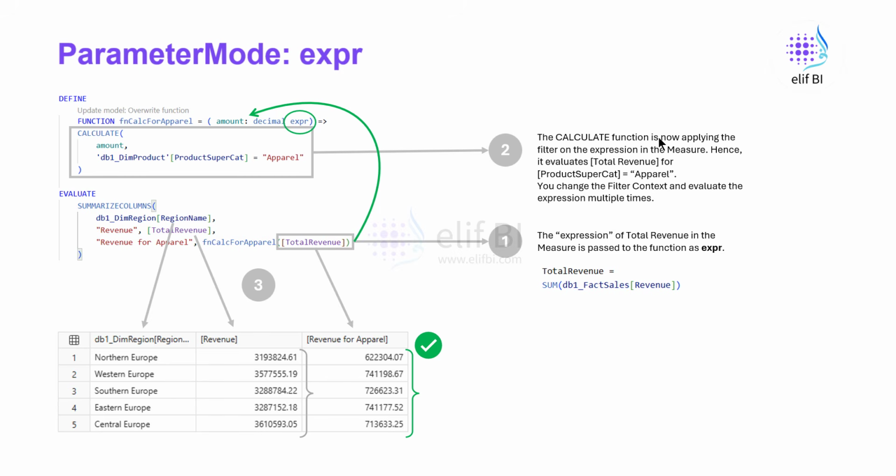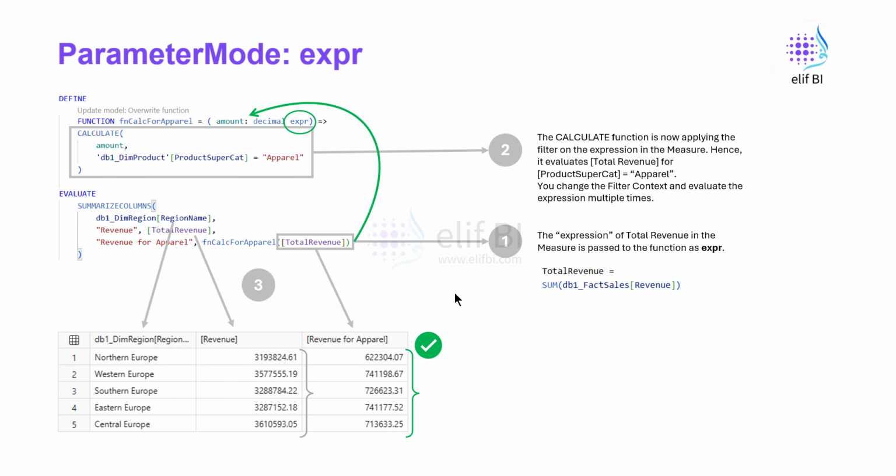The calculate function is now applying the filter on the expression in the measure. Hence, it evaluates total revenue for product supercategory equal to apparel. So here the amount, that is basically the sum of the revenue column. Okay, and that filter context now gets applied. And now we can see that the total revenue and the revenue for apparel, these are different.